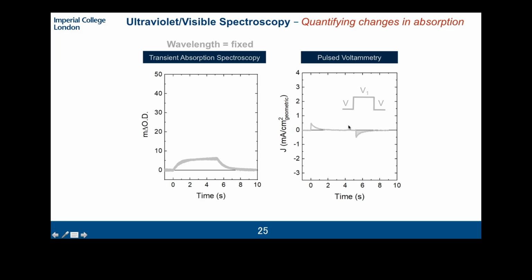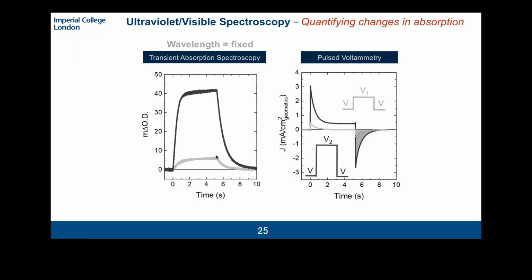When you step down, you have this reductive charge, which corresponds to the reduction of these species that you're generating in your transient absorption spectra. So if you had a much larger potential jump, you'd form many more of these states on the surface, and that would correspond to a larger reduction charge.